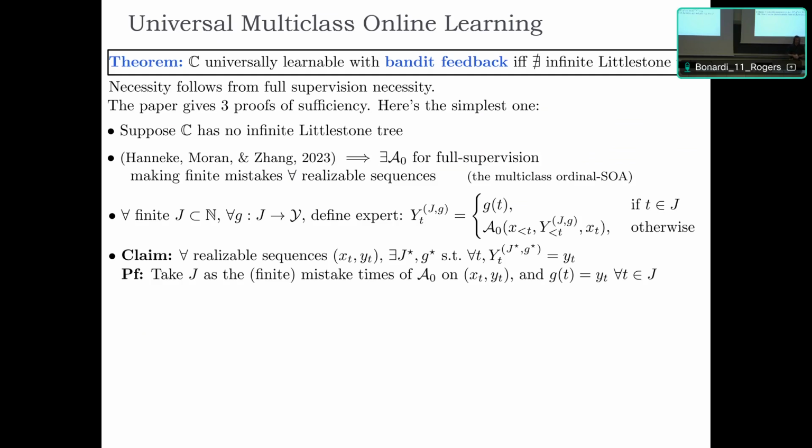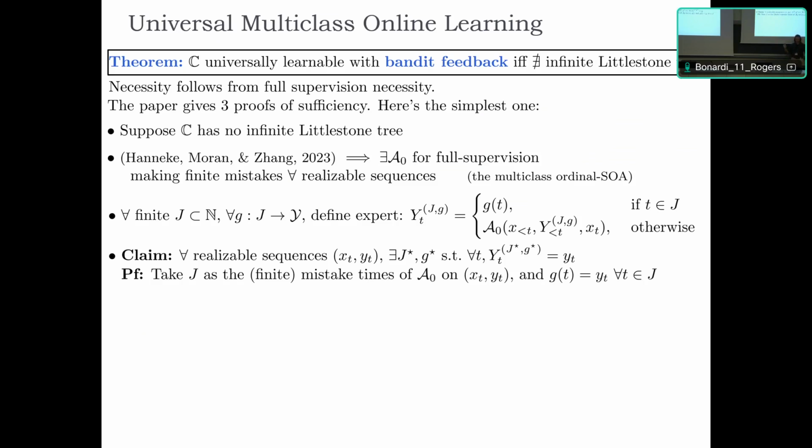So let J be the times when it would make mistakes, and let g of t for each of those times be the true label. And now this A0 is always getting as input true labels. And so inductively, we conclude that the expert is always producing the true labels. So there exists this J star, g star.